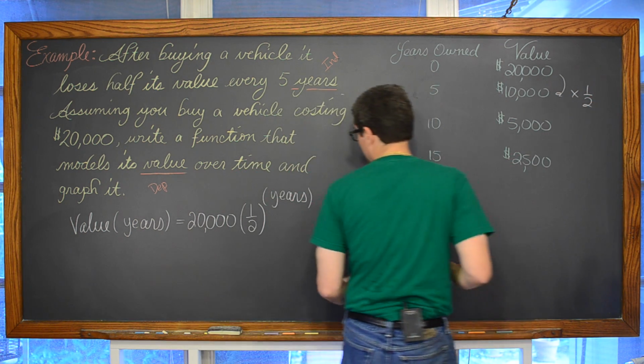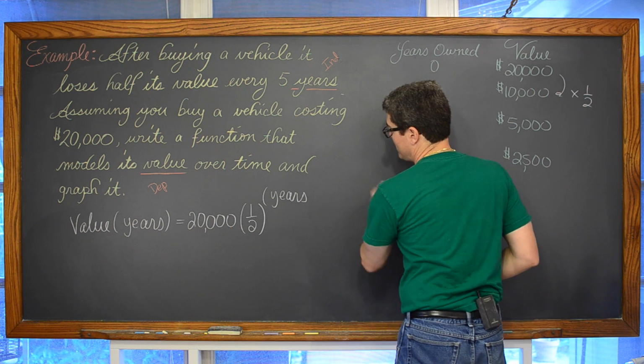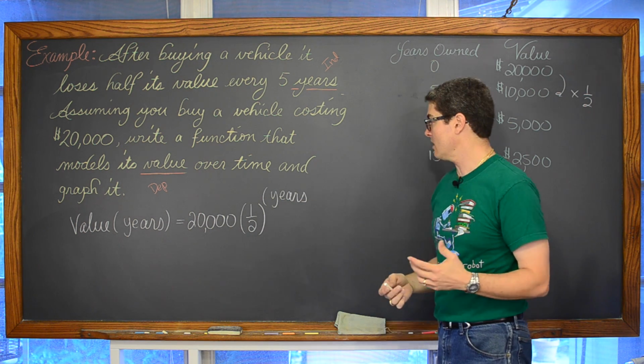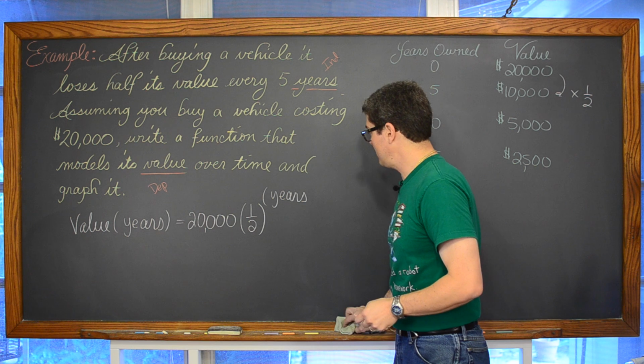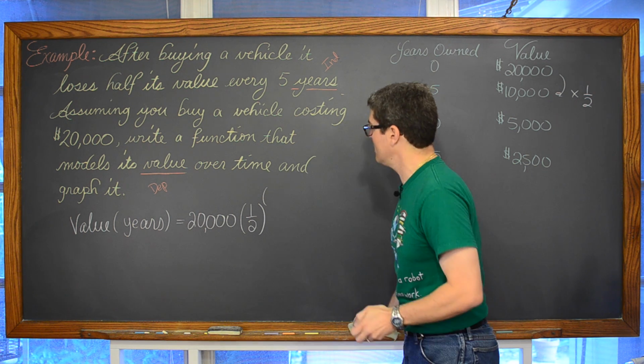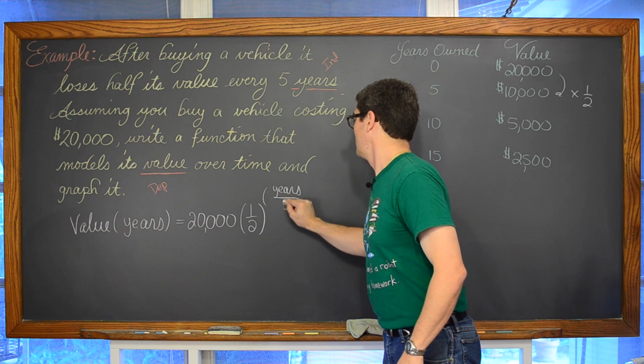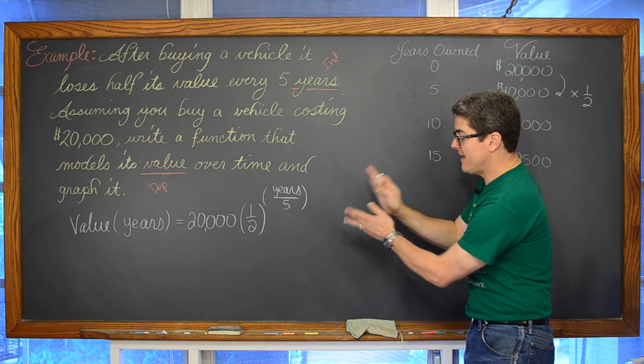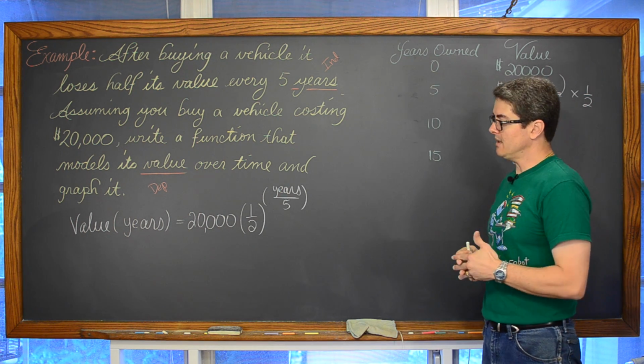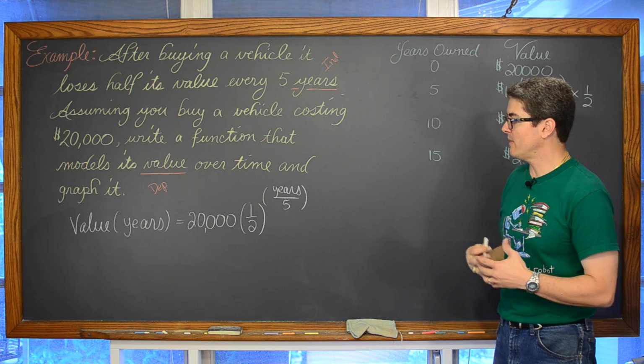So if my independent variable is going to be just simply the number of years I own the car, then this exponent needs to be the number of years I own the car divided by 5. That is a correct form of my equation.